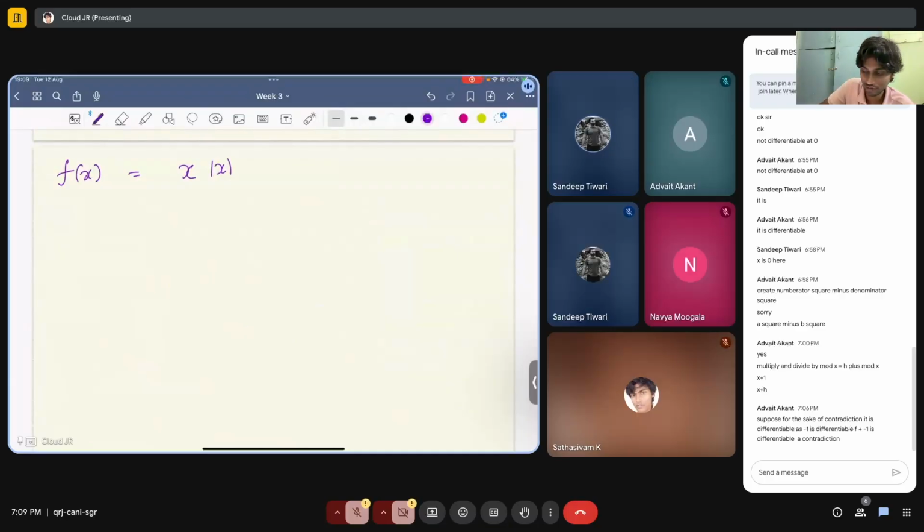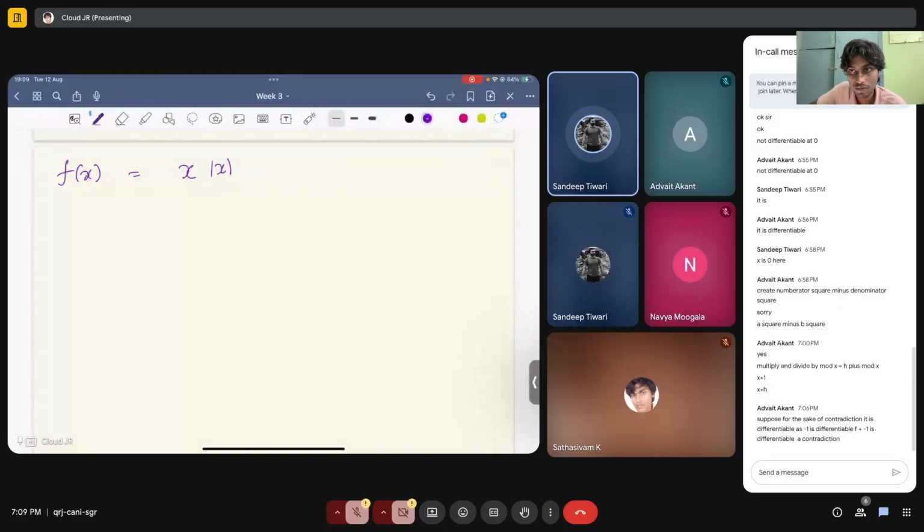Is it differentiable? Sir, in the previous example, I think f of x is differentiable at x equal to 0. Why?